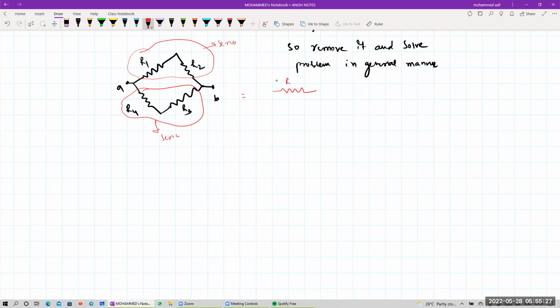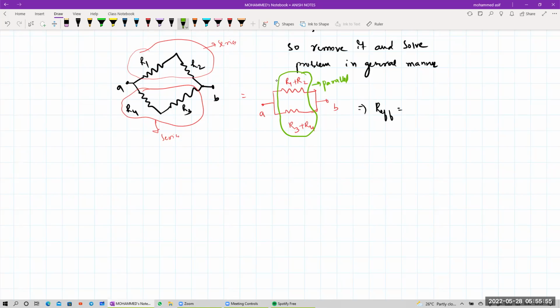This will become R1 plus R2, and down it will become R3 plus R4. This is terminal B, this is terminal A. So R effective will be equal to how much? Again, these two are in which combination? If you see it very carefully, R1 plus R2 and R3 plus R4 is a parallel combination.